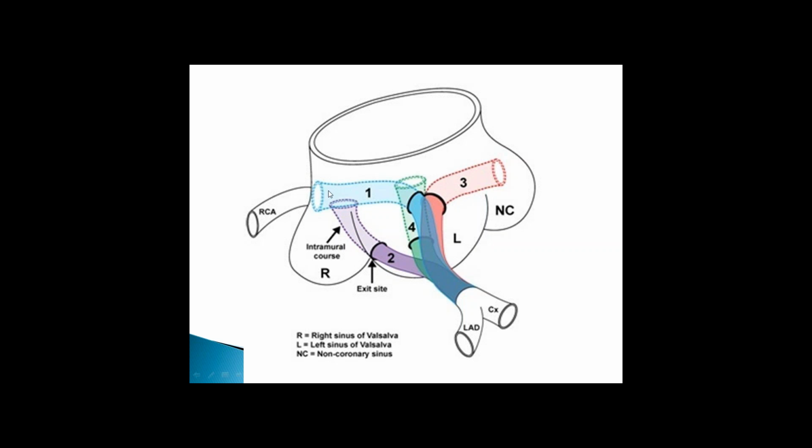The most frequent left coronary artery coming from the right sinus of Valsalva is the one that goes at the level of the sinotubular junction, and it's obstructed at this level. But it can also go from the same sinus directly down in front of the anterior commissure, making it difficult to resolve by unroofing.